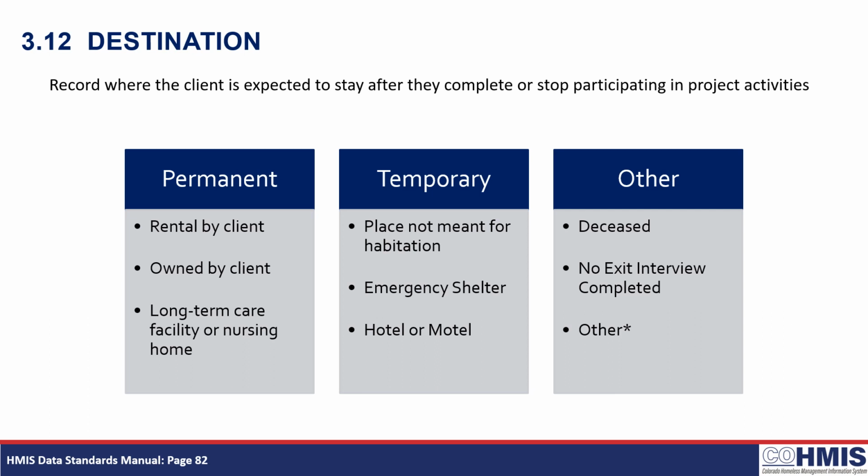Examples of permanent destinations include rental by client, owned by client, and long-term care facility or nursing home, among others. While temporary is more a place not meant for habitation or emergency shelter, maybe hotel or motel. And other can group those other destinations where maybe your client has unfortunately passed away or exited the project without completing an exit interview.